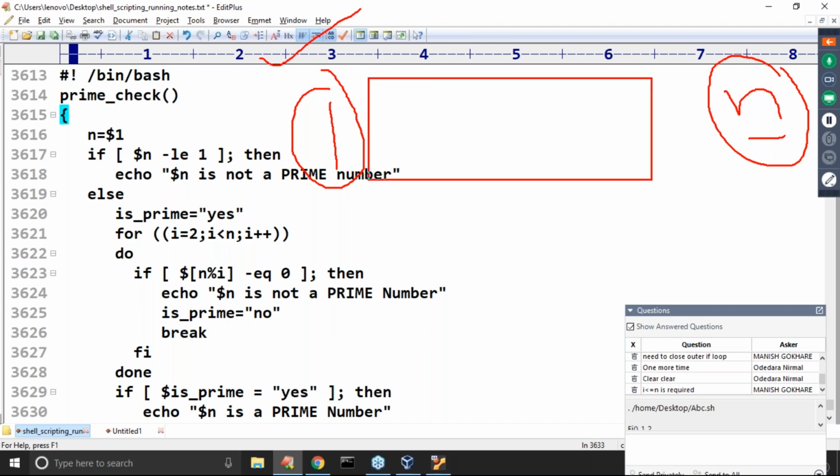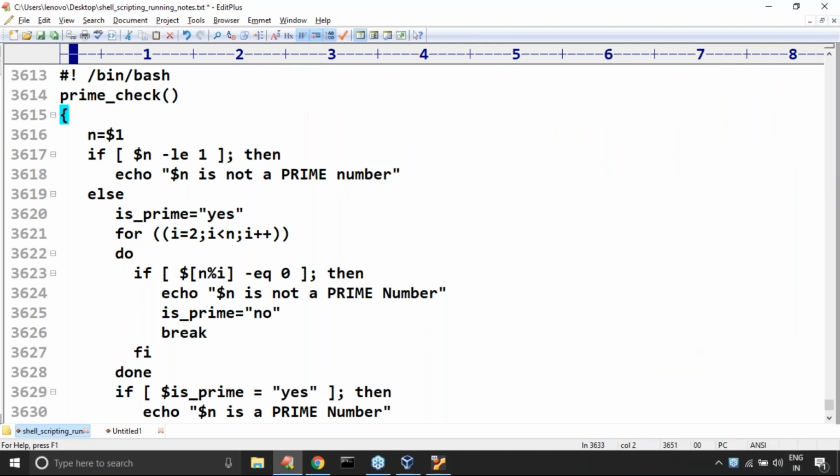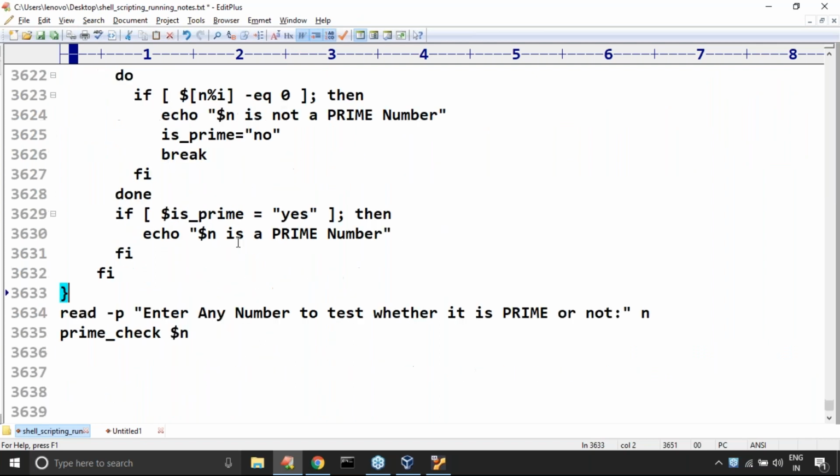The remaining part means 2, 3, 4 and so on up to n minus 1. So 2 to n minus 1 only. i less than n means i is less than or equal to n minus 1. Clear? Okay, now this is the logic.